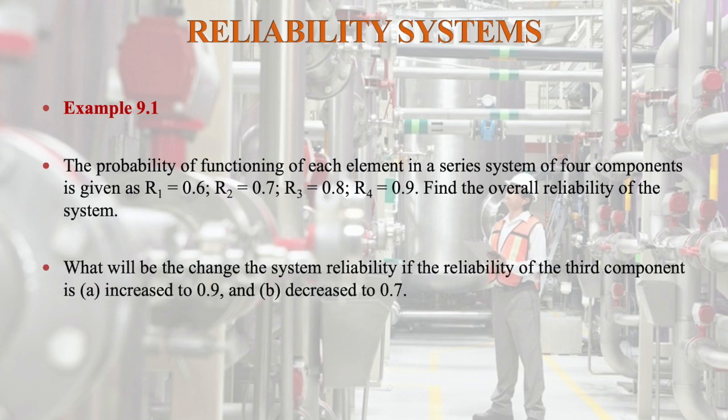Then what will be the change in the system reliability if the reliability of the third component is increased to 0.9 and then decreased to 0.7. So these two conditions also we have to find out. First we have to find out the overall reliability, then we have to find out when one component's reliability changes, what happens.